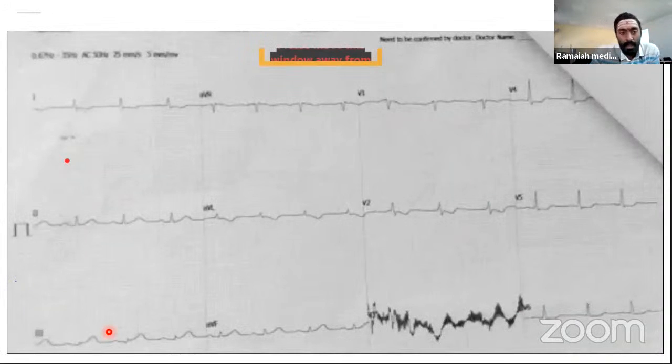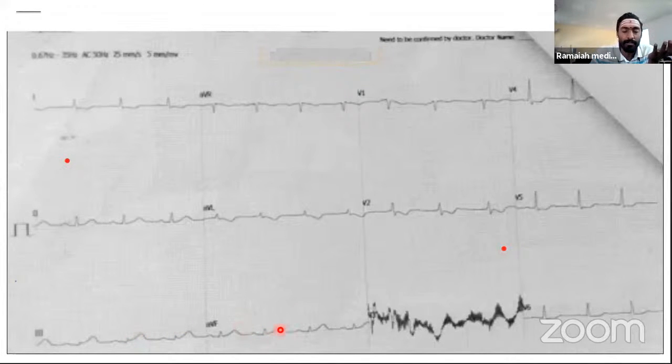We'll see here. You see here, this is the direction. This QRS is positive, whereas this T wave is completely negative. That is the first observation. The second observation is, if you look at the R wave here and look at the T wave here, the T wave is almost bigger than the R in lead 3 and almost equal to the QRS in lead aVF. So this is clearly abnormal. Whenever you see this, what do you think of?